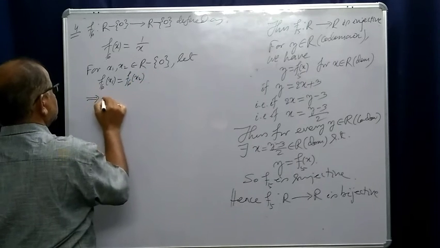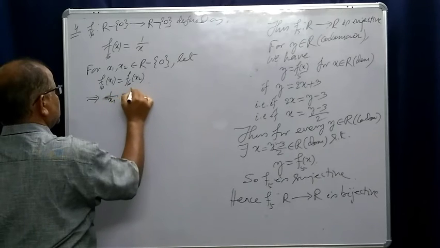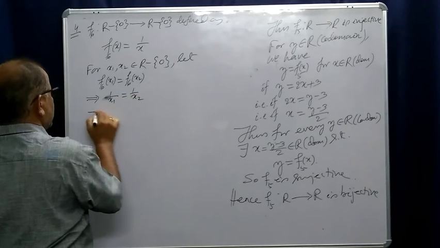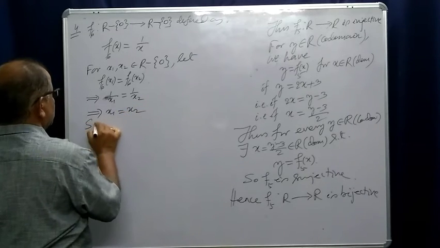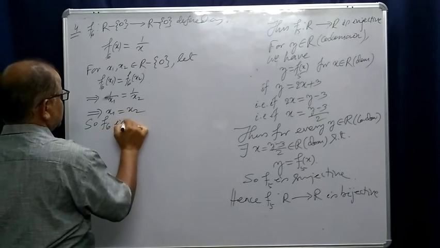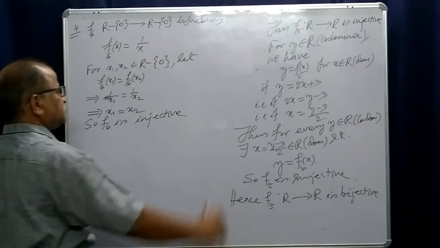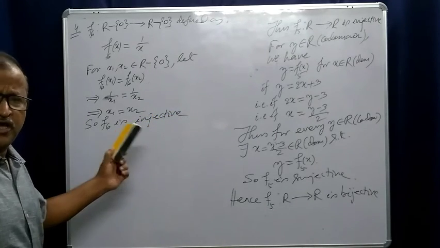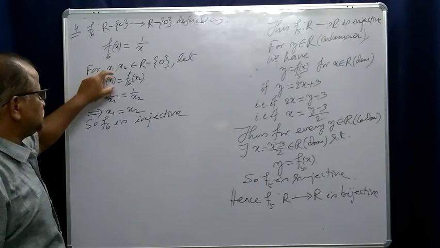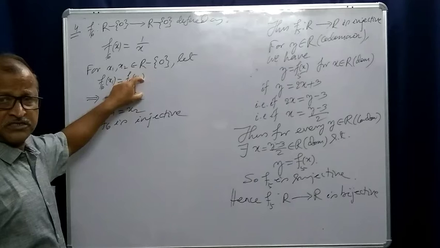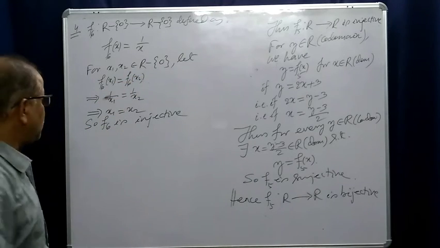This implies 1 by x1 is equal to 1 by x2, and this implies x1 is equal to x2. So f6 is injective. We have got f6 of x1 is equal to f6 of x2 implies x1 is equal to x2. So it is injective. Okay.